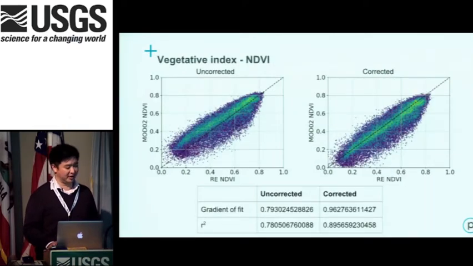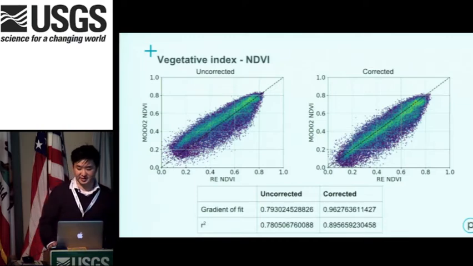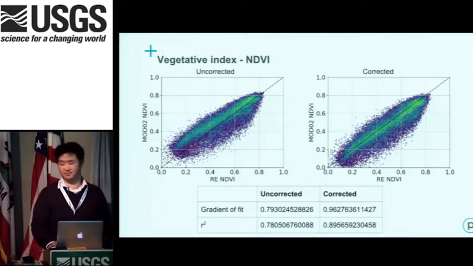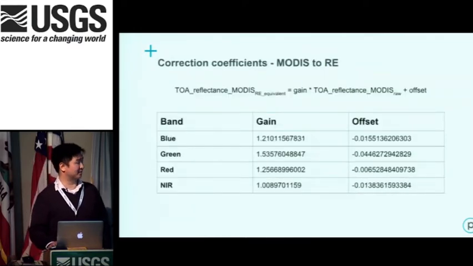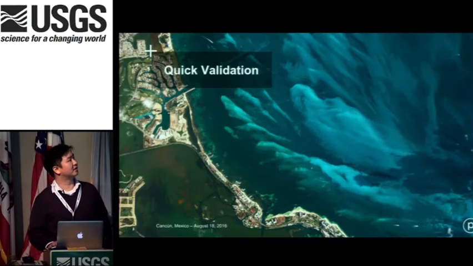And again, looking at the effect on the vegetative index, you can see that it's closer to the one-to-one line. And again, these are some of the gains and offsets found.